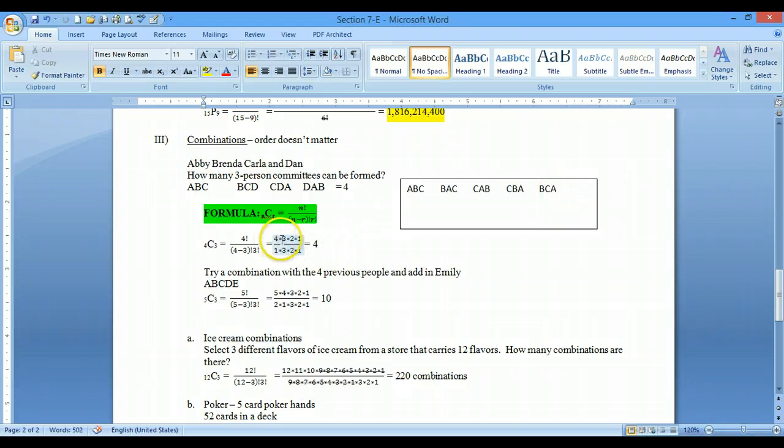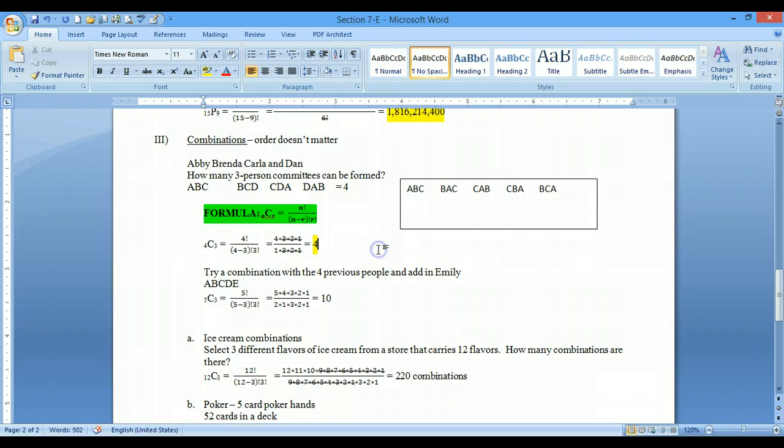So 4 factorial is 4, 3, 2, 1. 4 minus 3 is 1 factorial, or 1. 3 factorial is 3 times 2 times 1. 3 times 2 times 1 cancels out with 3 times 2 times 1. Cancel those out, and I'm left with 4 divided by 1, which is 4. And let's highlight that as my answer.